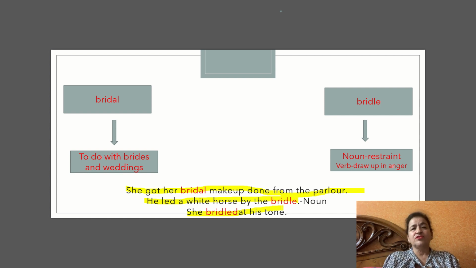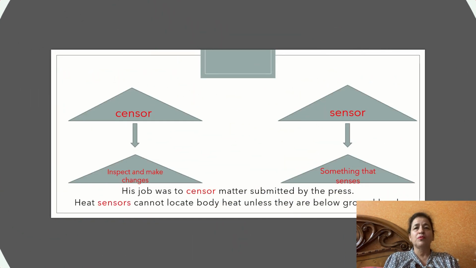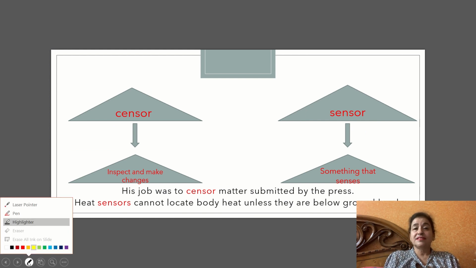Now it means she tried to restrict that tone of his that was very angry, perhaps an aggressive tone, an angry tone. And the next pair of words in our following slide is censor and sensor, right?